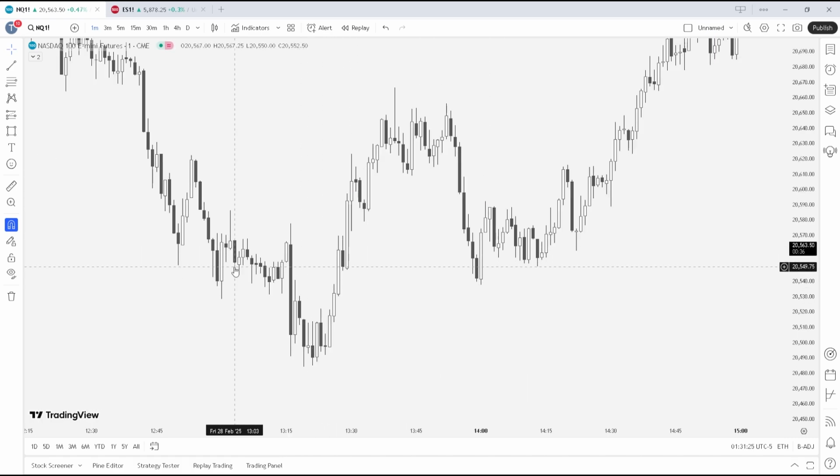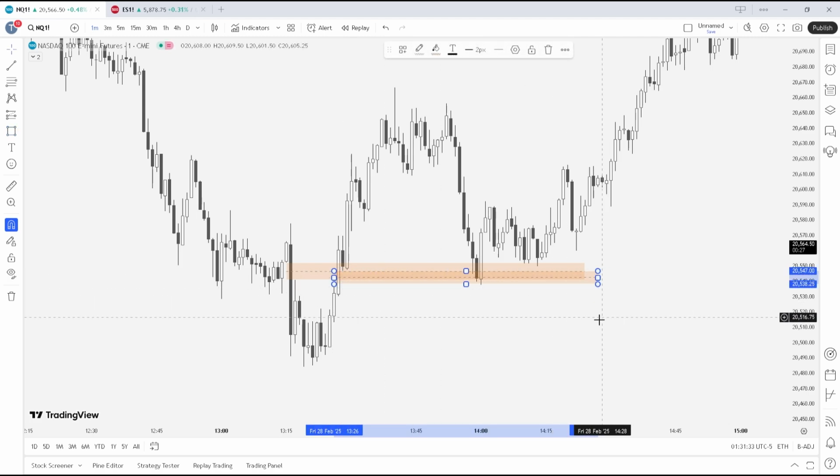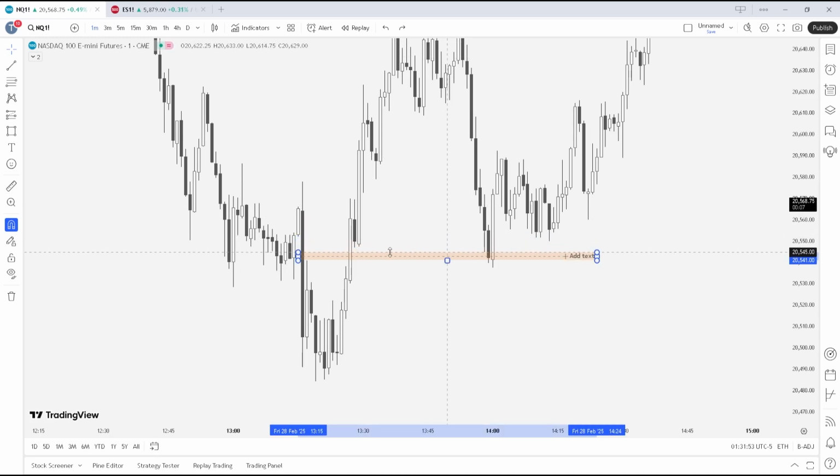All right, so let's take a look at another example. We have an inversion right here. We have a regular FVG right here. So what can we do? We can refine this area just to where it overlaps. So we can just delete one of these, and then we can just refine this area. So this is going to be where the inversion and the FVG overlap, right?